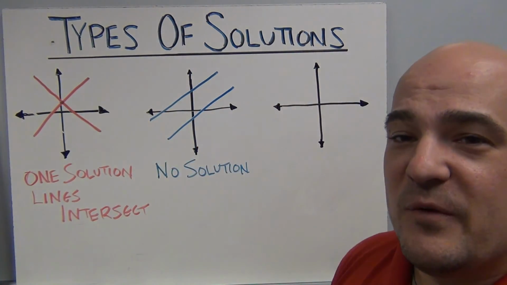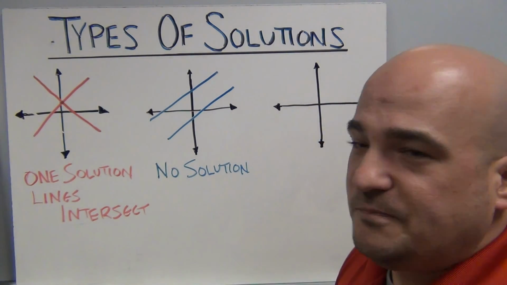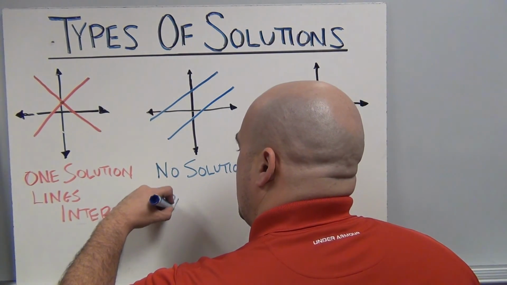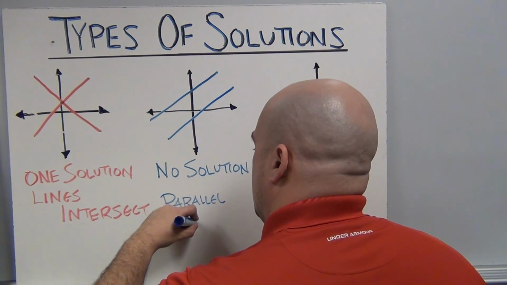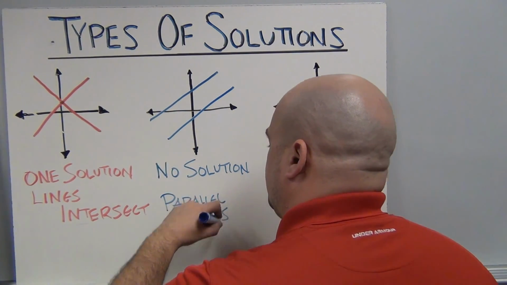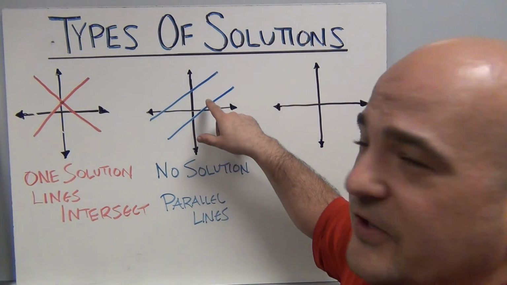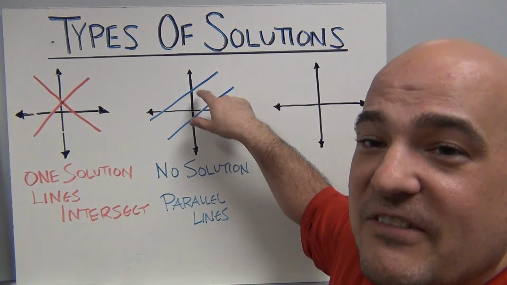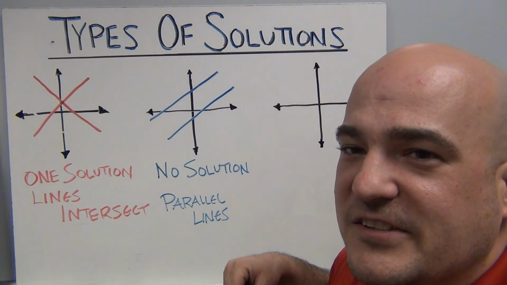There is no point where these two lines ever cross each other, so we don't have an answer. This happens when we have parallel lines. Remember, one thing that we know about parallel lines from the last unit is they have the same slope. So both of these lines here have the same slope.